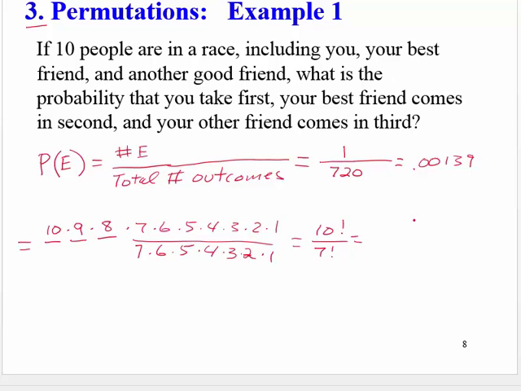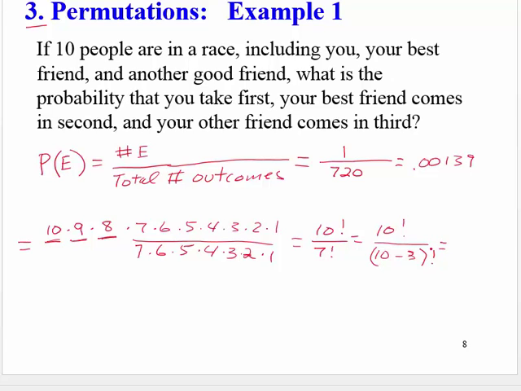This can also be written as 10 factorial over 10 minus 3, these 3 choices, right? 10, 9, 8, then the rest of them, 10 minus 3 factorial.